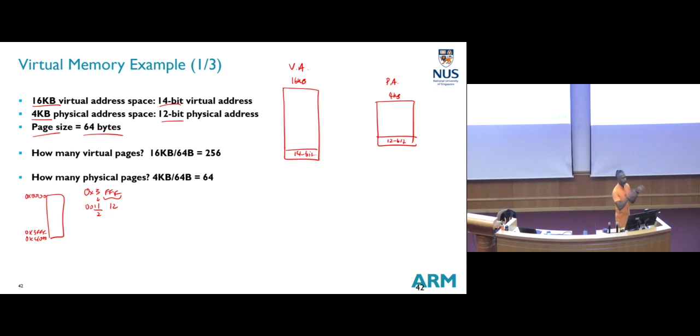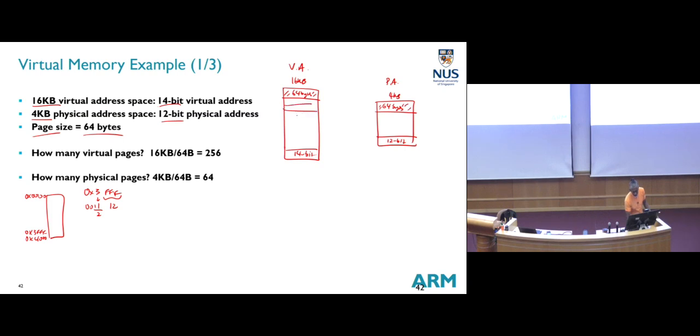Whenever I copy information over, I copy it in chunks of page size. It's not just 1 byte; the whole page must be copied over. So each page is 64 bytes, and it's the same over here.